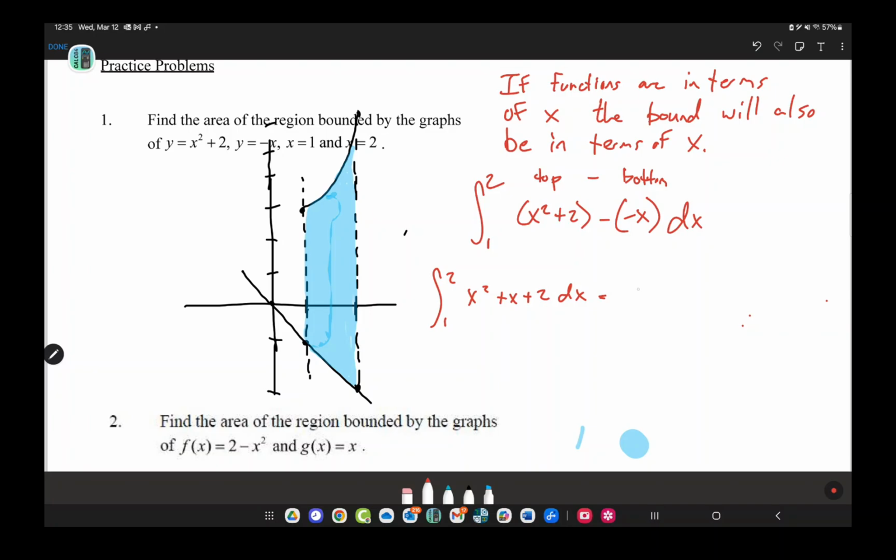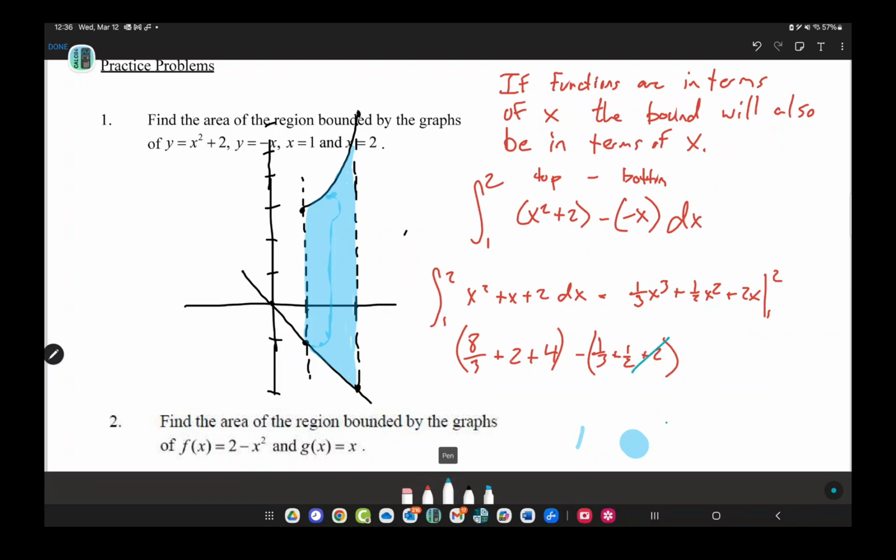That gives you 1/3 x cubed plus 1/2 x squared plus 2x from 1 to 2. Plugging in 2 gives you 8/3 plus 2 plus 4. Plugging in 1 gives you 1/3, let's put that in parentheses, plus 1/2 plus 2. The nice thing is I can simplify this a little bit because I'm going to subtract, so the 2's are going to cancel.